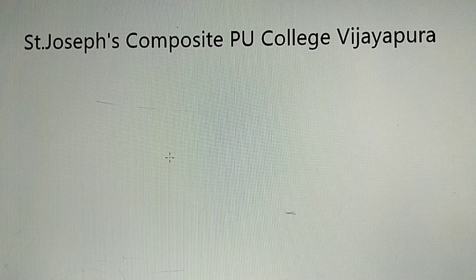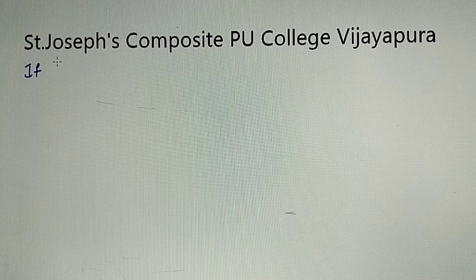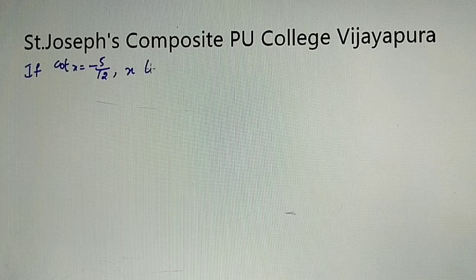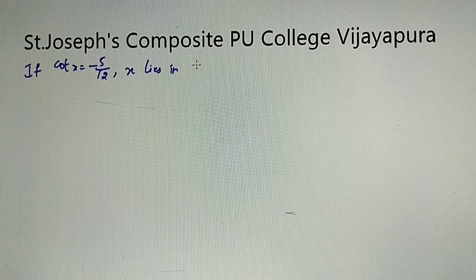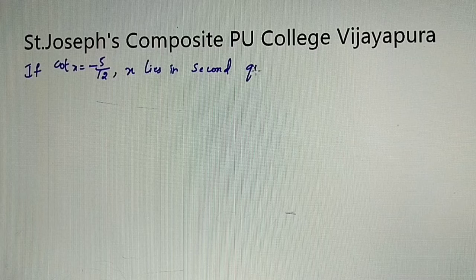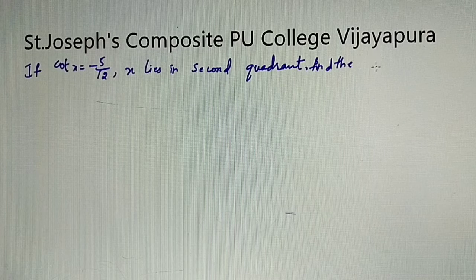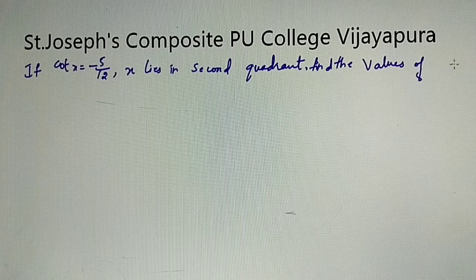Now the next problem is, if cot x is equal to minus 5 by 12 and x lies in the second quadrant, then find the values of other trigonometric functions.